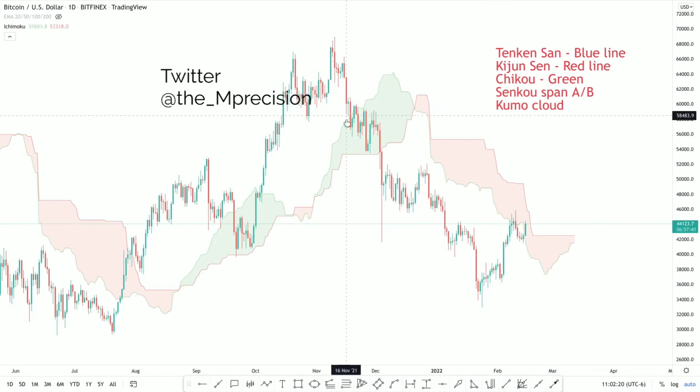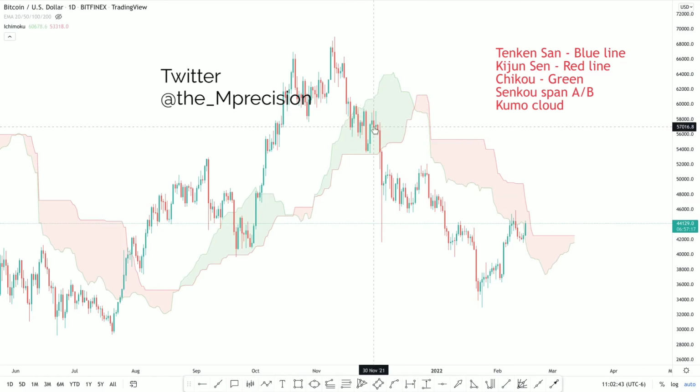If the price is within the cloud, it means the market is indecisive and it suggests you don't take the trade right now, if it makes sense. So pretty straightforward. Above the cloud, long. Below the cloud, short. Inside the cloud, wait.